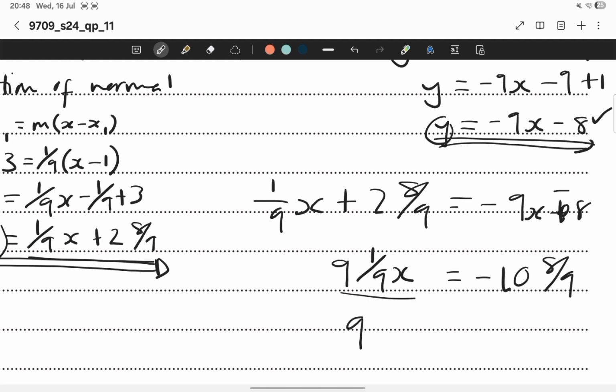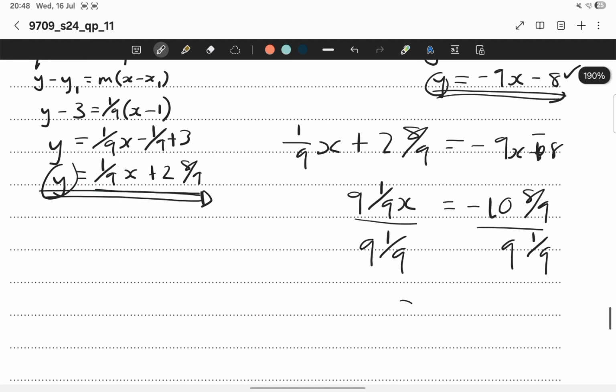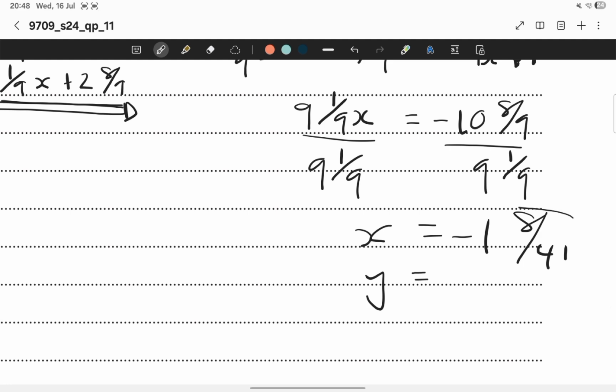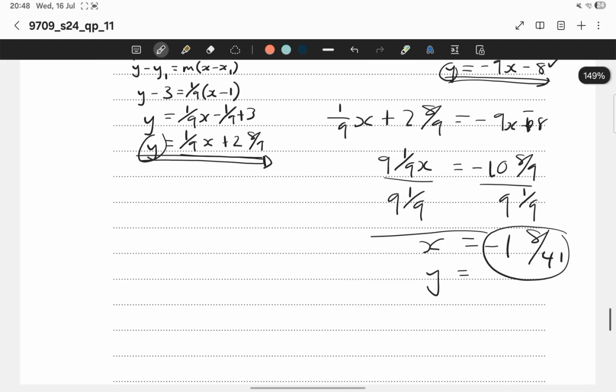So dividing both sides by 9 and 1 over 9, we get x as minus 10 and 8 over 9 divided by 9 and 1 over 9. We get minus 1 and 8 over 41. And for us to get the y value, we're going to substitute this value into this equation.